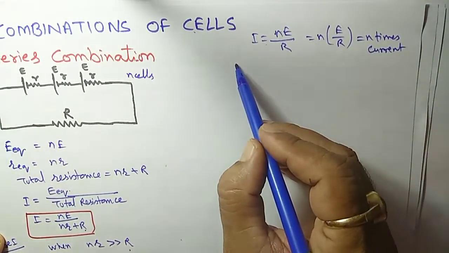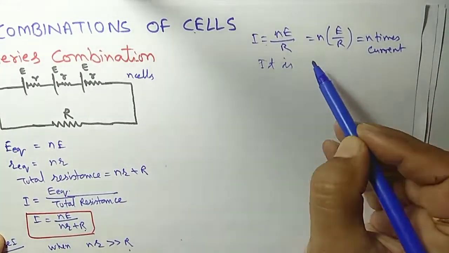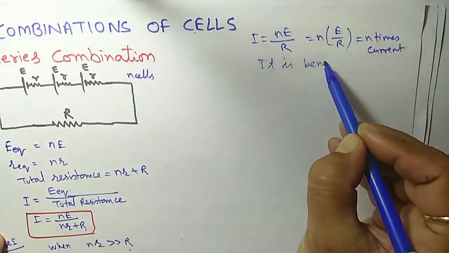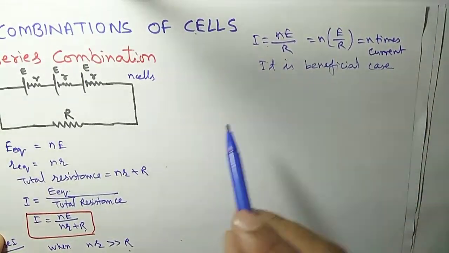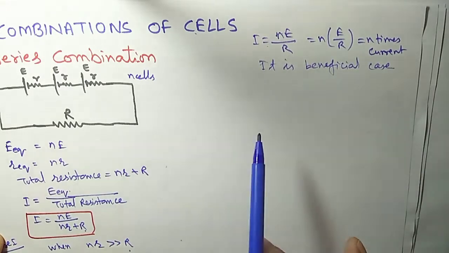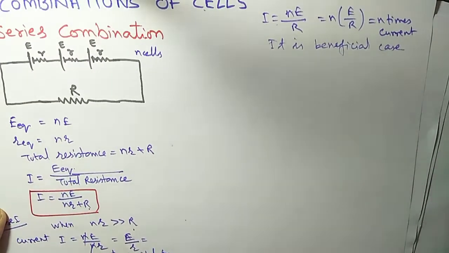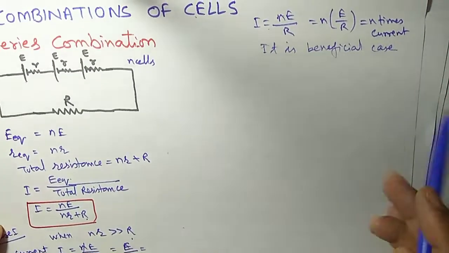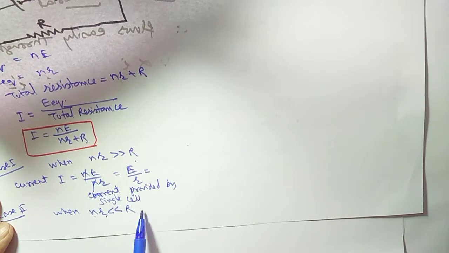So in this case the combination is beneficial. We should connect in series only when the internal resistance is very much less than the external resistance. This is the condition.